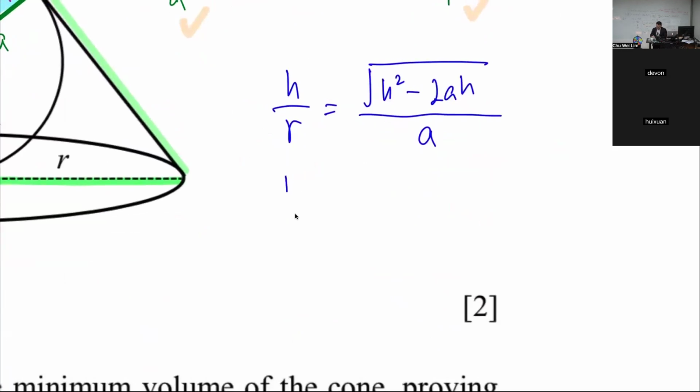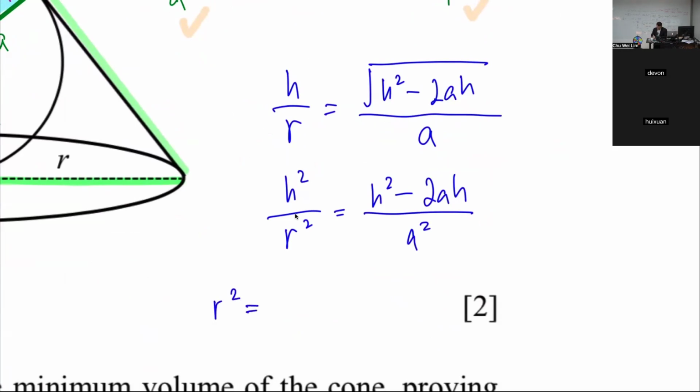Okay, square, and then you have h square over r square is equals to h square minus 2ah over a square, right? So r square will be equals to, you pick upside down, then you got h square a square over h square minus 2ah.